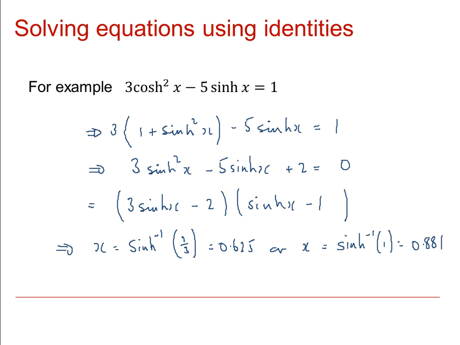Sorry, the line above should say that is equal to 0. So we get two solutions to the quadratic, 0.625 for x or 0.881.